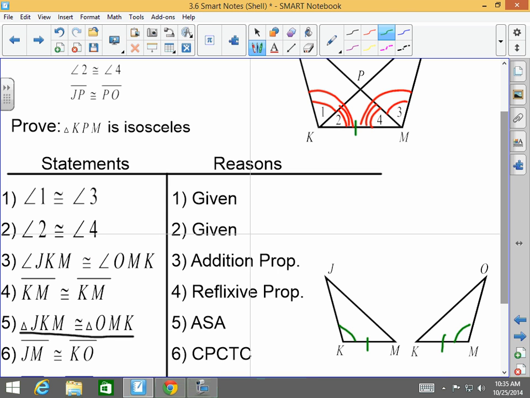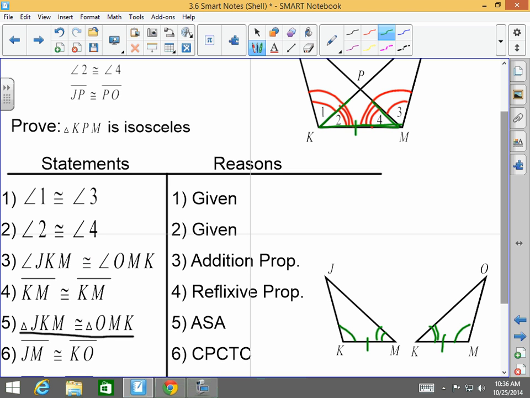Because angle 2 is congruent to angle 4, we know that angle 2 here, which is OKM, is congruent to angle 4 here, which is JMK. Now we know that triangle JKM is congruent to triangle OMK.